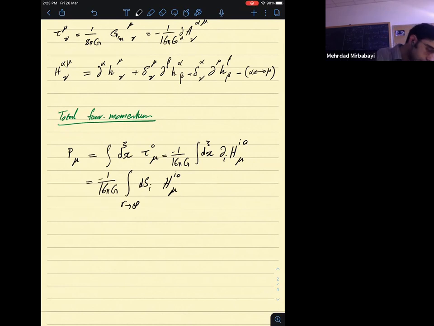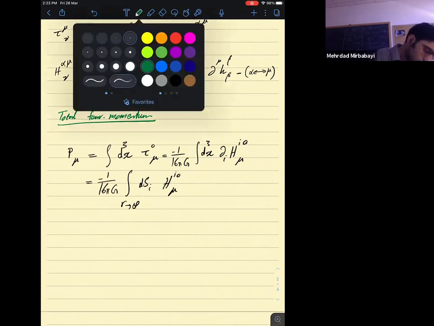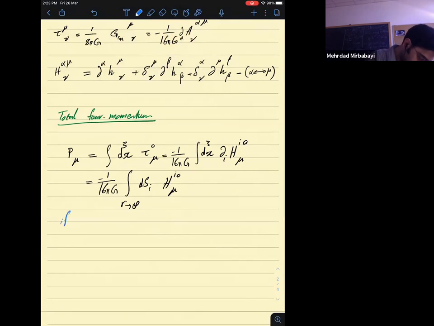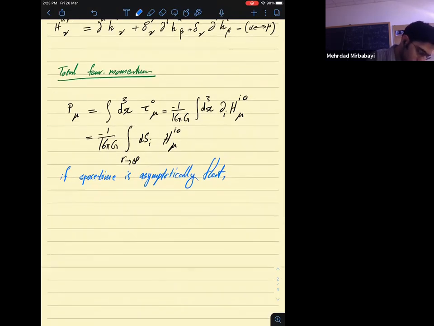Now, if the space-time is asymptotically flat, then this quantity that we define here is well defined, is unambiguous. Why?